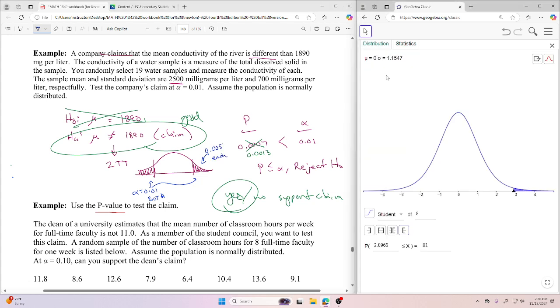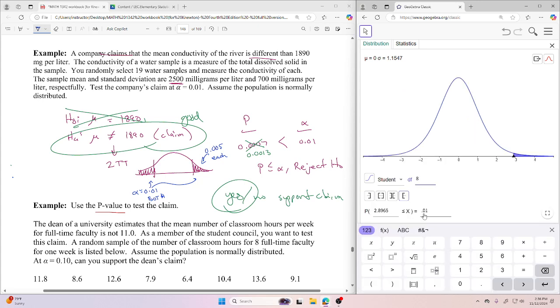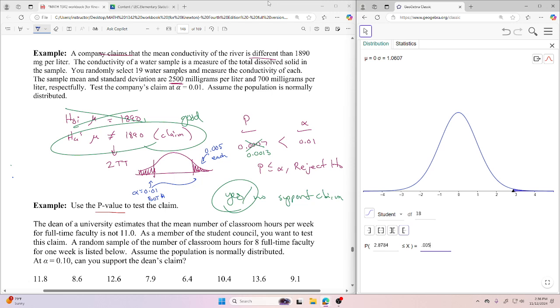Degrees of freedom for this one? 18, always 1 minus the n. You could do left or right side, it doesn't really matter. So 0.005 for each, and this here is at 2.87, and this here is at negative 2.87. There it is. Awesome.